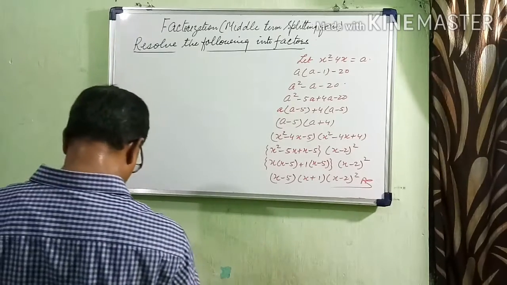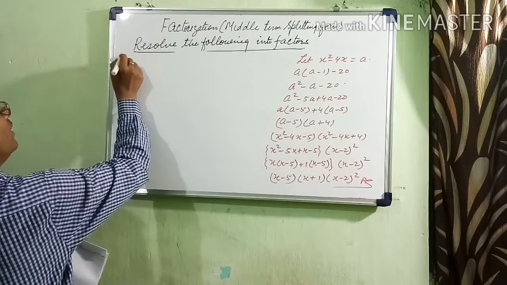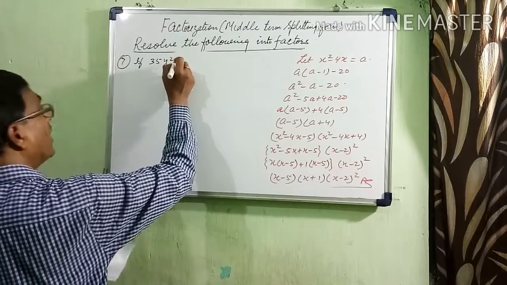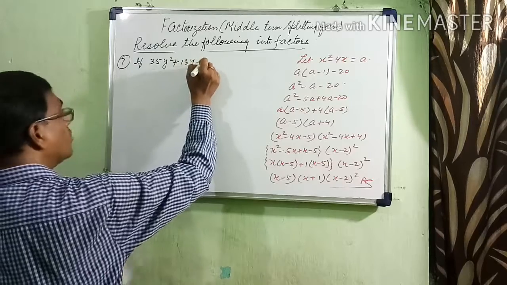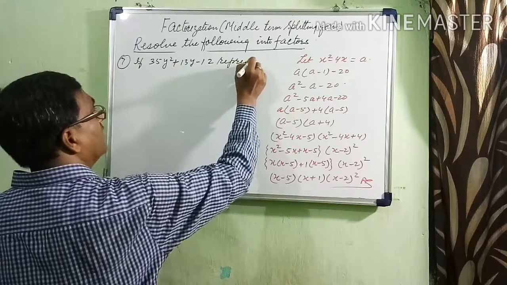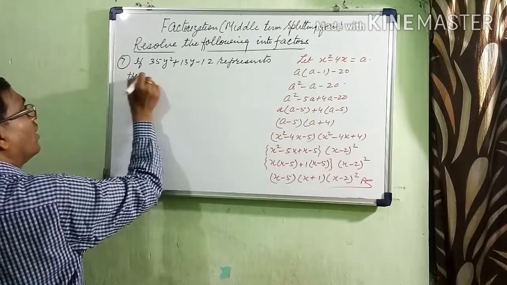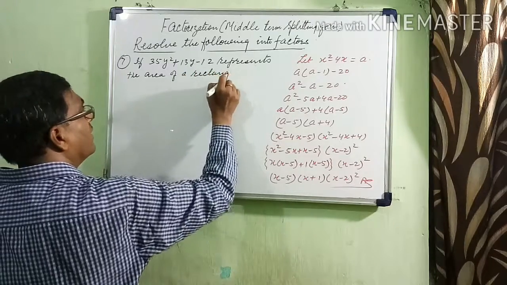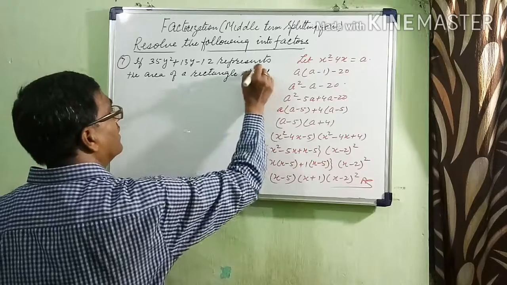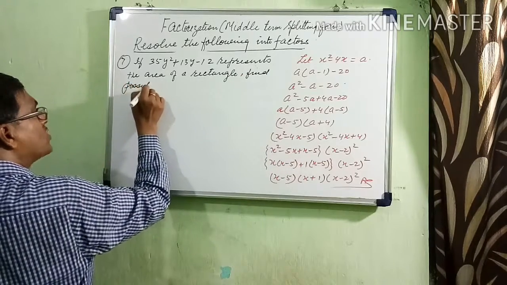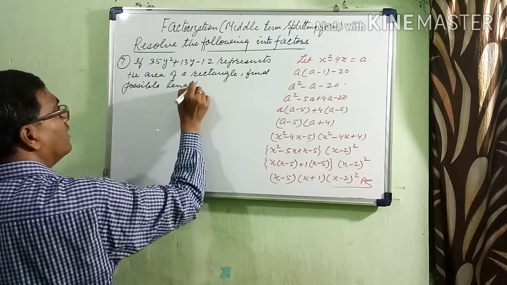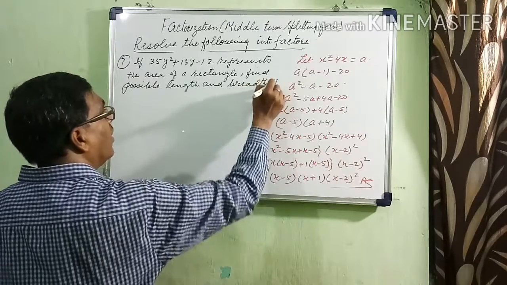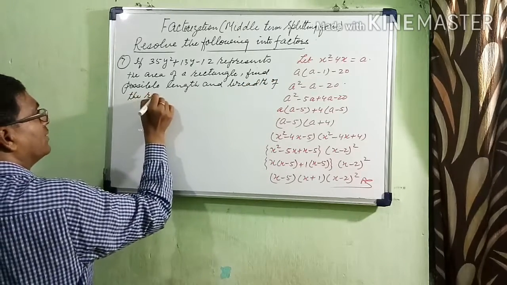If the question is, if 35y square plus 13y minus 12 represents the area of a rectangle, find possible length and breadth of the rectangle.